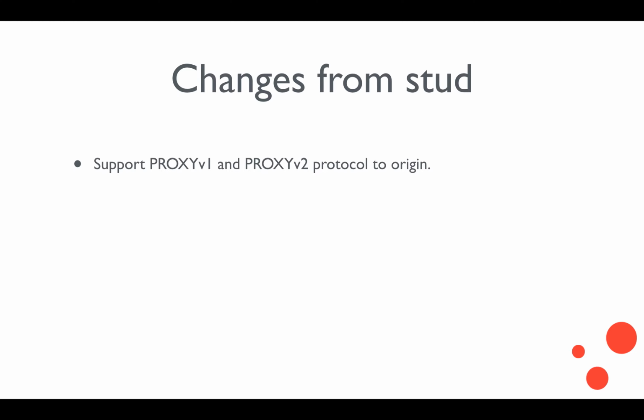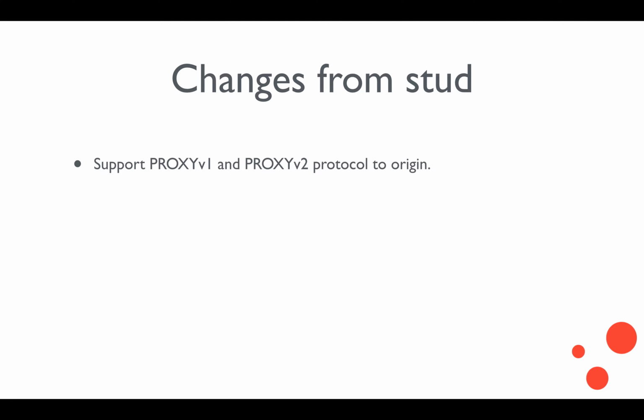Typically in a situation like this, where you have a separate piece of software terminating the connection in front of your Varnish, you'd lose the original IP number of the client. So this will write a short preamble header containing the original endpoints for the client and the server involved, and it will then convey this information to Varnish and make it available via the client.ip and server.ip VCL fields in Varnish.